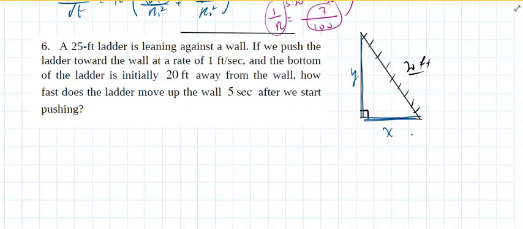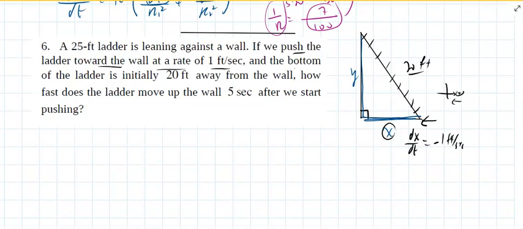So if we push the ladder toward the wall, that's the change in X with respect to time at a rate of 1 foot every 1 second. Now, if this is the rectangular coordinates, if this is positive, isn't this negative?